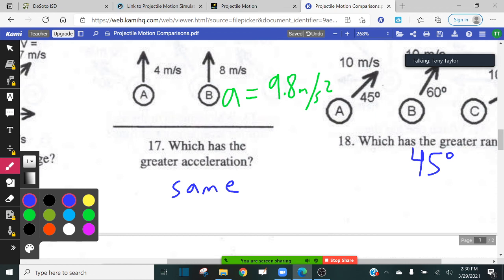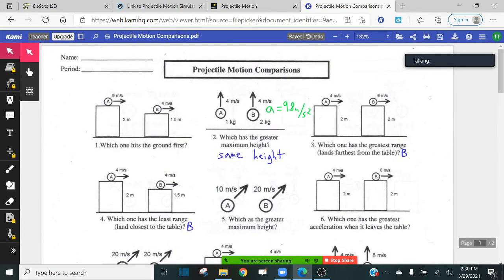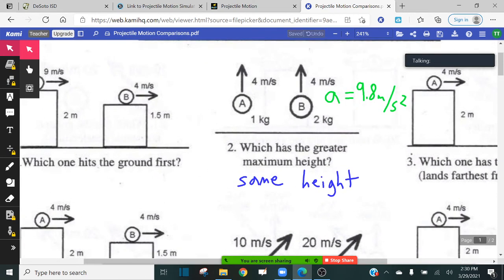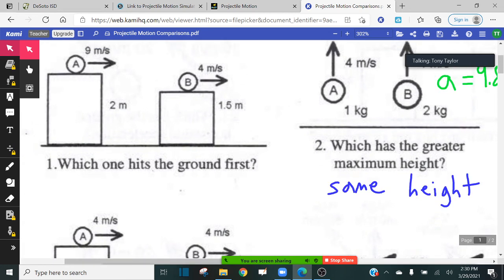All right, I'm going to just do two more, and then I'm going to let you guys go. Number 1 says, which one is going to hit the ground first?